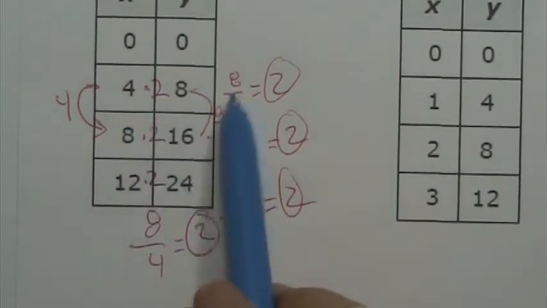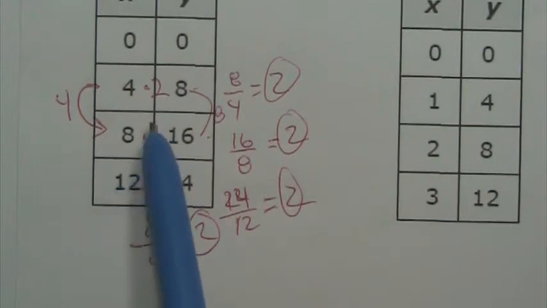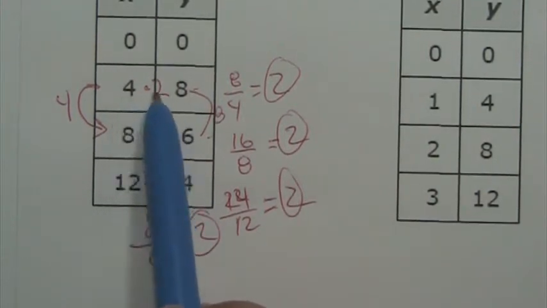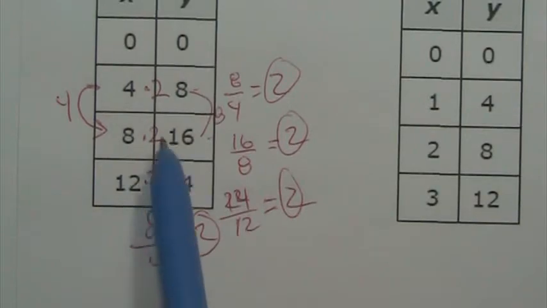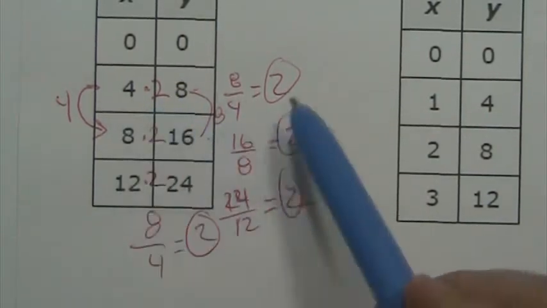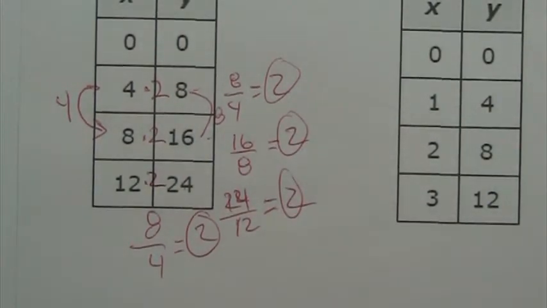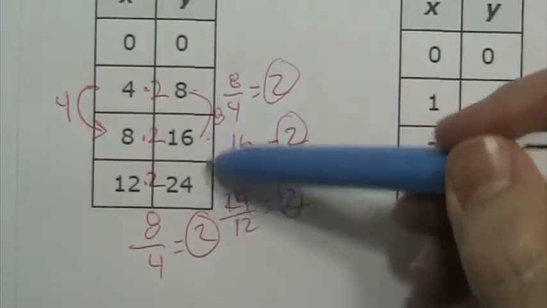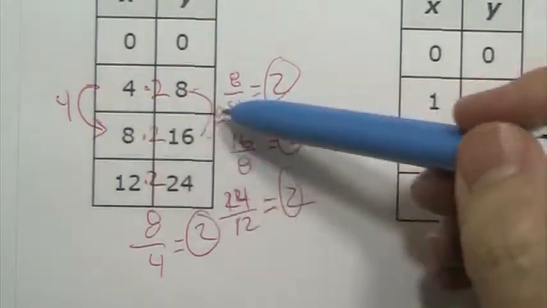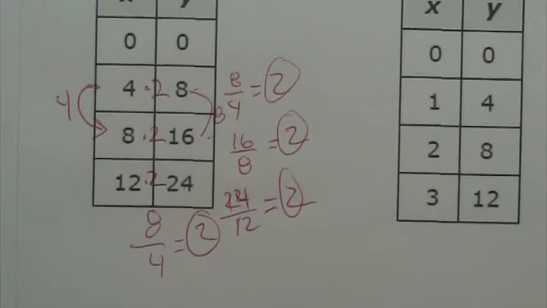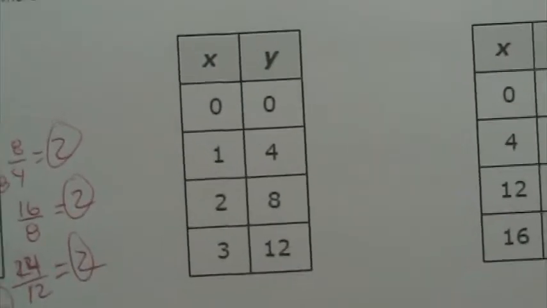So that's actually 3 ways to tell if it is proportional. One, does it multiply by the same number? By the way, when you divide, you get that same number. And if I look at the change, it's going by 8 and then 4. 8 divided by 4 is 2. So actually there's 3 ways of checking. Let's go to the next one here.